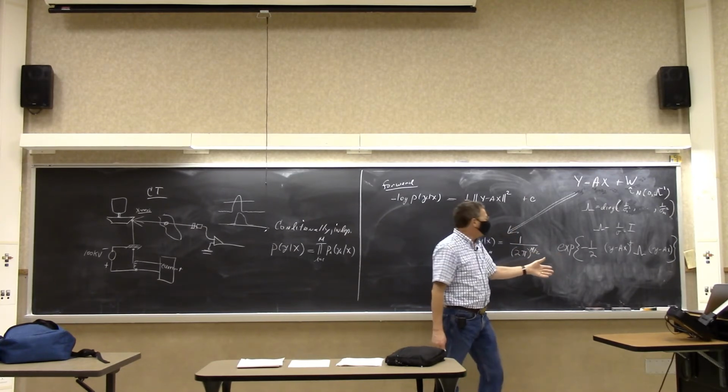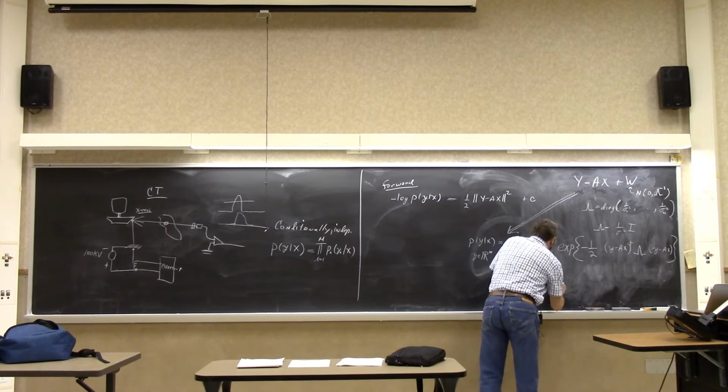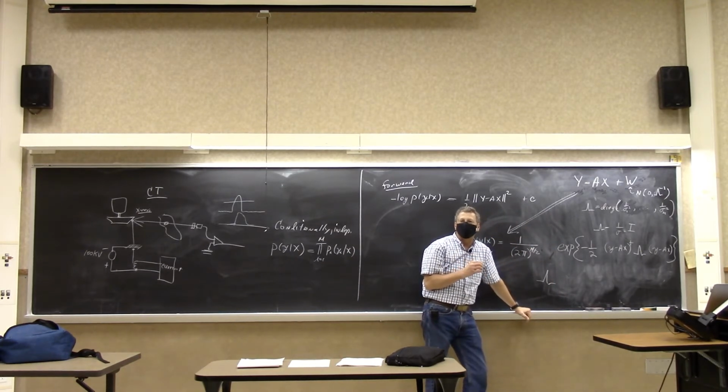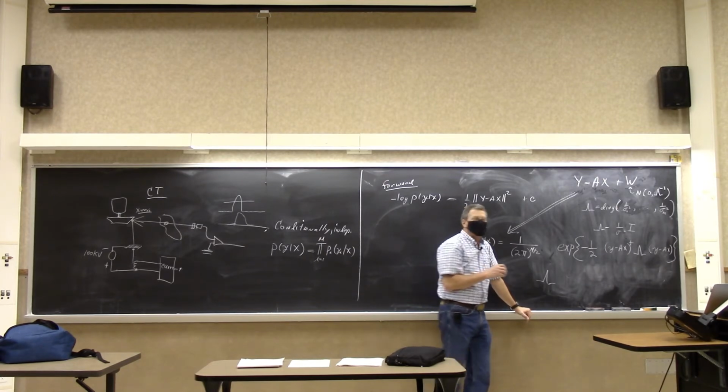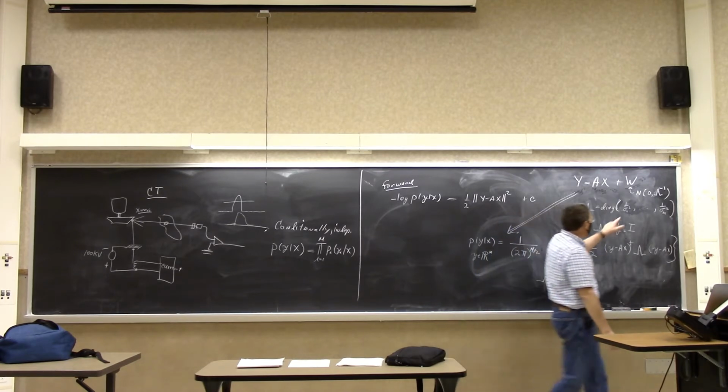So let's see. I know it has to be something involving lambda. Now there's two possibilities, and even I can remember that there's a 1/2 involved. So there's a 1/2, and that makes sense because I have to take the square root.